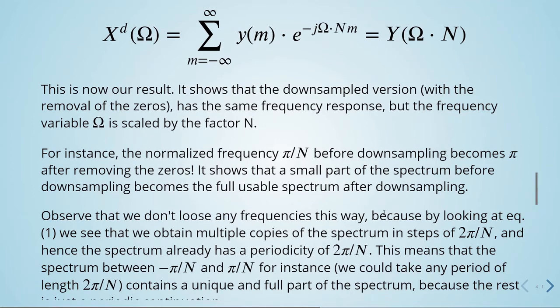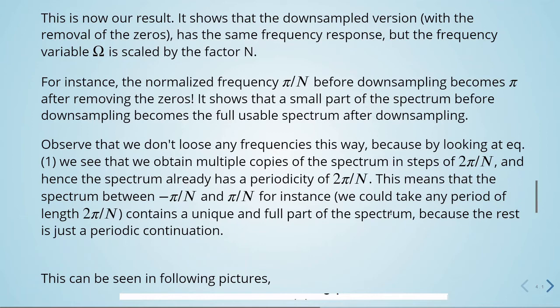So observe that we don't lose any frequency in this way, because we had multiple copies of the spectrum in steps of 2 pi divided by N, and the spectrum already has a periodicity of 2 pi divided by capital N. So the spectrum between minus pi divided by N and pi divided by N, for instance, but we could take any period of length 2 pi divided by capital N, contains a unique and full part of the spectrum, because the rest is just the periodic continuation.